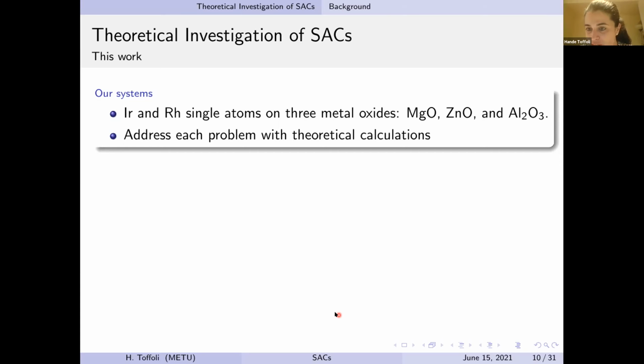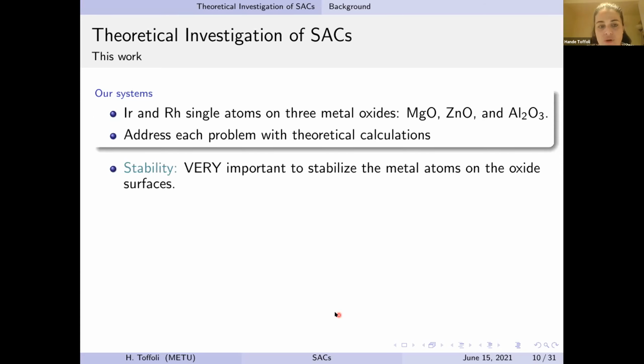Now, as I said, there's the big problem of stability and associated side problems. And I will try to give examples of how we address each of these problems using theoretical calculations. So as I said, the biggest problem is stability. It's very important to stabilize the metal atom on the oxide surface. How does one do that? You try to optimize the support and the metal simultaneously to find which metals bind strongly on which oxide surfaces.